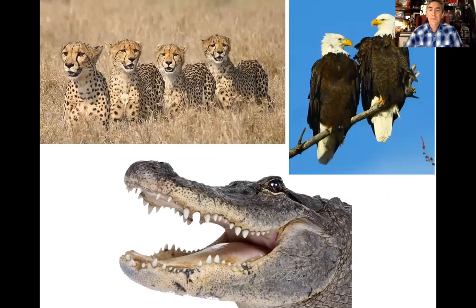A couple of well-known animals have gone through population bottleneck effects. Alligators, eagles, because of DDT, because of overhunting for the alligators, their population started to decrease, right? So the alligator population decreased, the eagle population decreased. Their numbers got quite small.